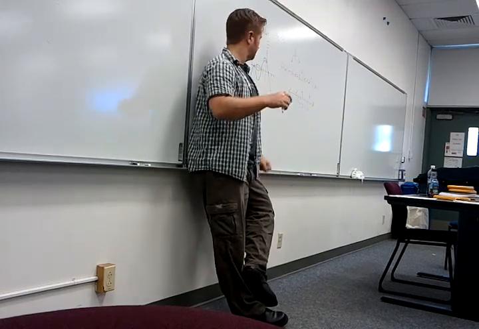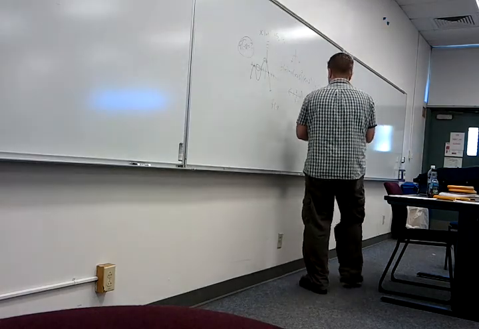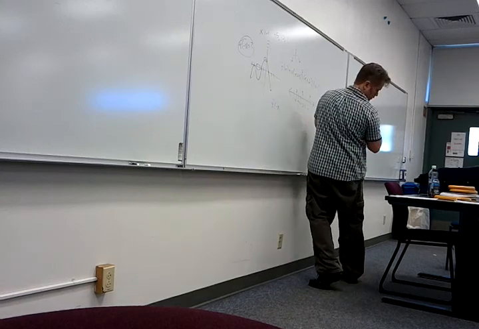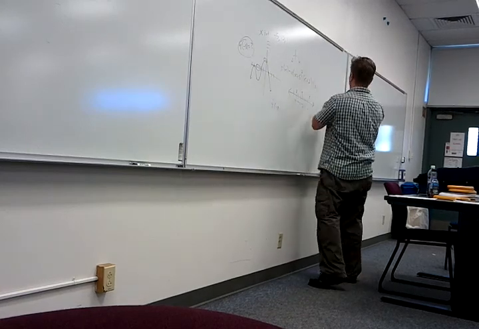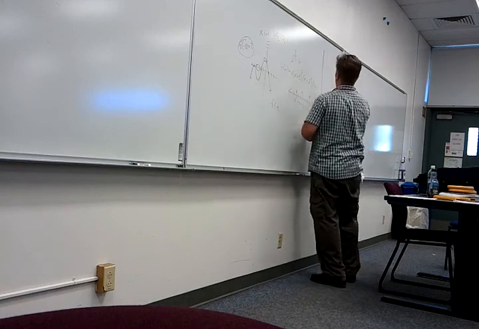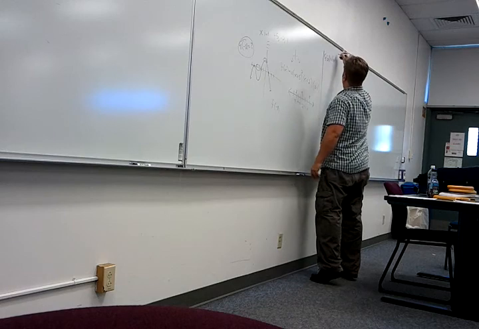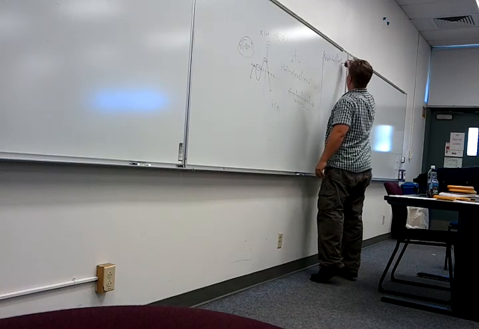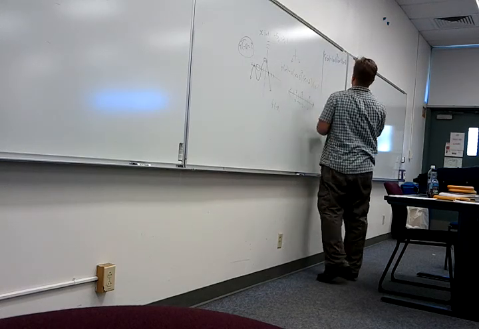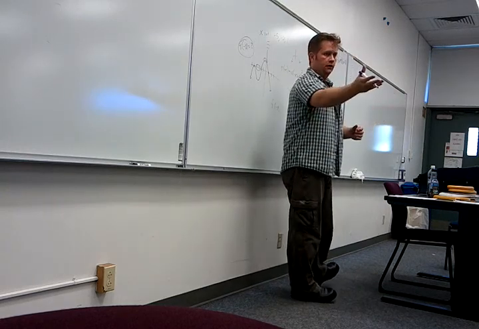Yeah. How do you find the intercepts on 2b? Oh, let me see. So the nice thing. If I give you a function like this, why is that a nice function to start with? One of the first things I want to do is find the intercepts.